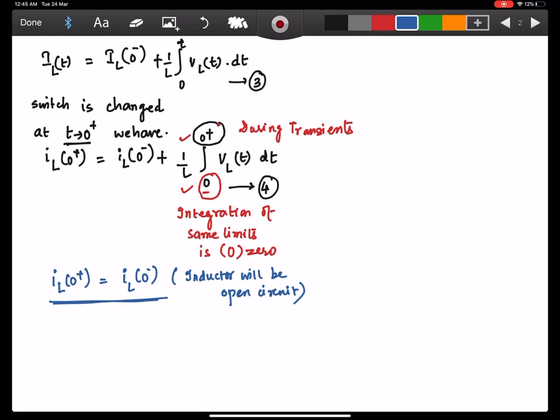Let us suppose we have to consider our two conditions. The condition is if there is no initial current in the inductor. This is the inductor and there is no initial current.